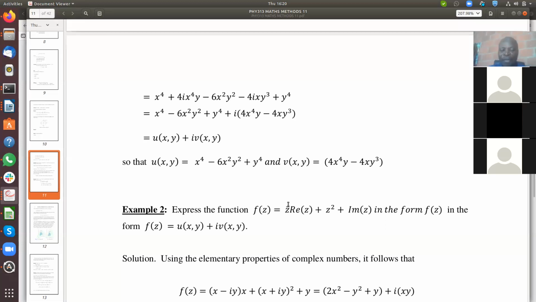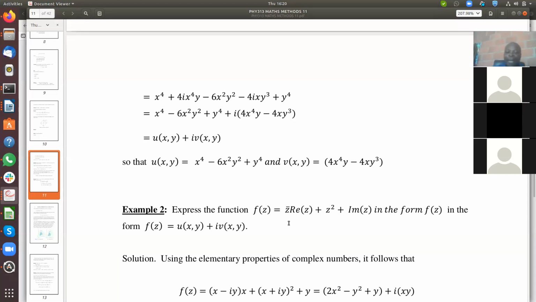Now, if you find the conjugate of z, what would that be? The conjugate of x plus iy will be x minus iy. Good. So now what is the imaginary part of z? The imaginary part is y.